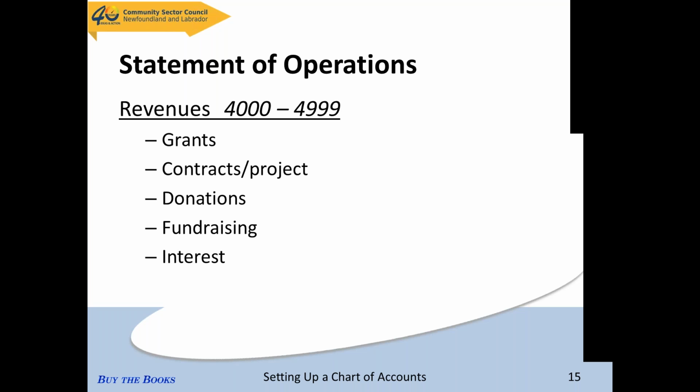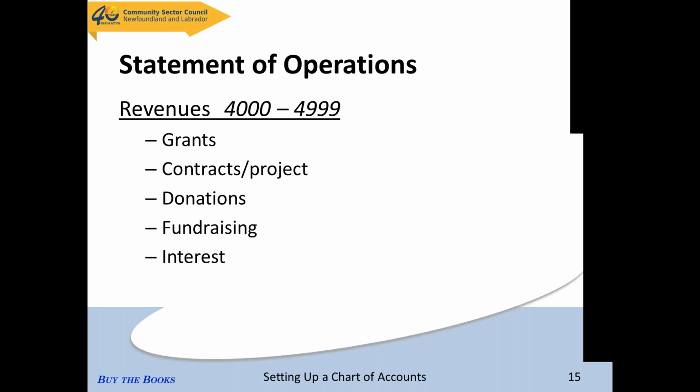And revenue is often an area where it can be very specific. So you may have 3 different locations in your organization, and you're tracking donation revenue for each location. So that would be 3 different revenue accounts for donations, for example.